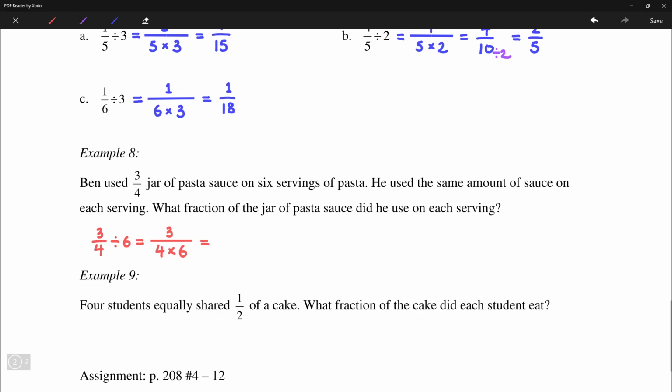Which gives us 3/24. And of course, this can also be reduced by dividing by 3 in both the numerator and in the denominator, and we'll get 1/8. So each serving has 1/8 jar of pasta sauce.